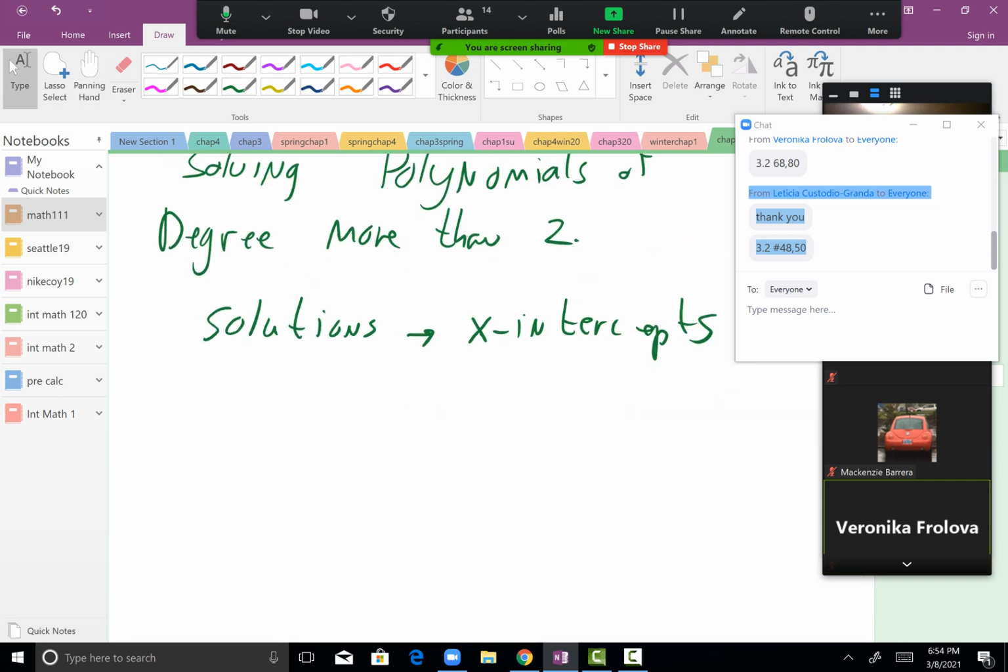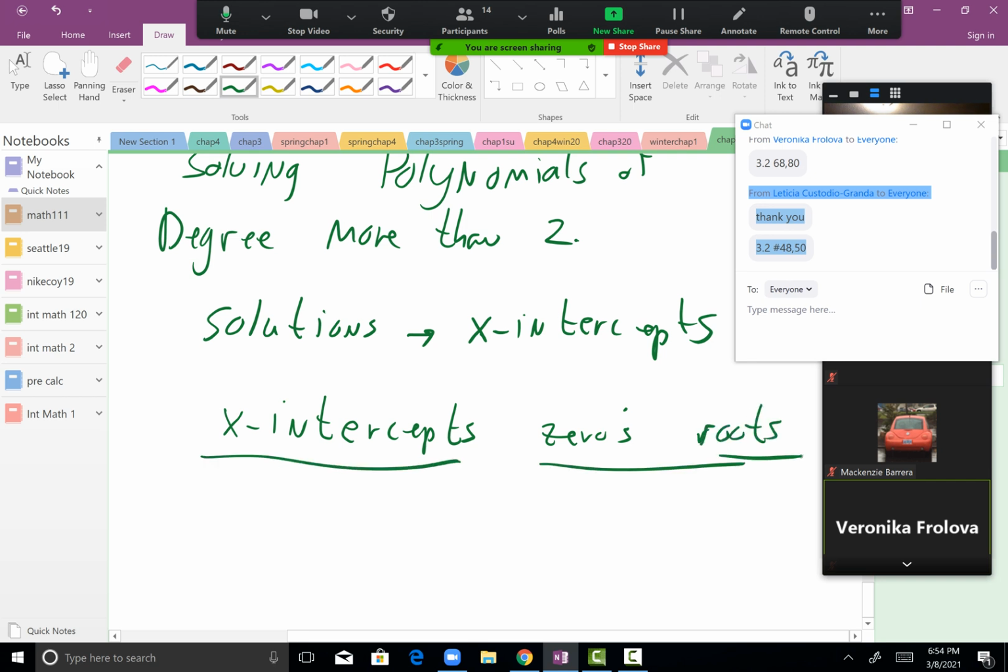We've talked about x-intercepts before, and I said x-intercepts and zeros are the same thing. So x-intercepts, zeros, and now we're going to add the word roots, are all the same thing, pretty much. There are some little differences, but we'll talk about that, and they're pretty subtle. So x-intercepts, zeros, and roots are all the same thing.